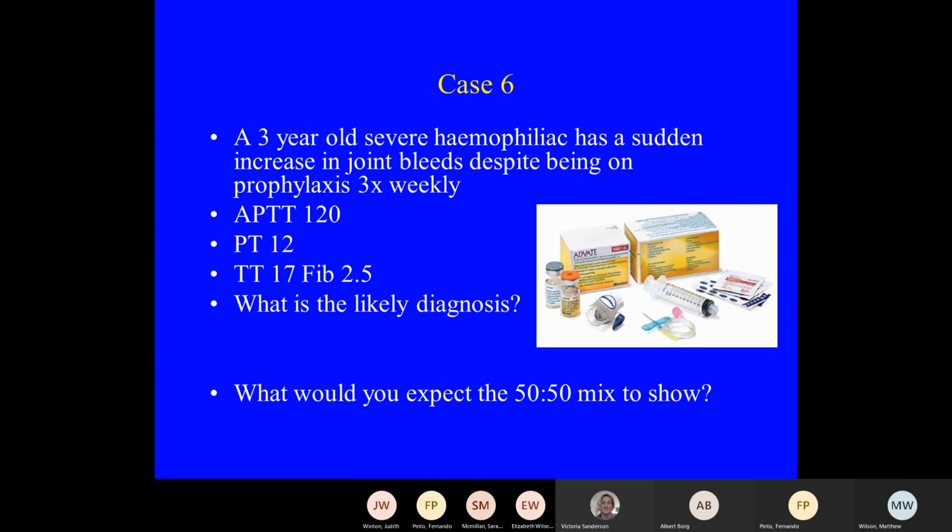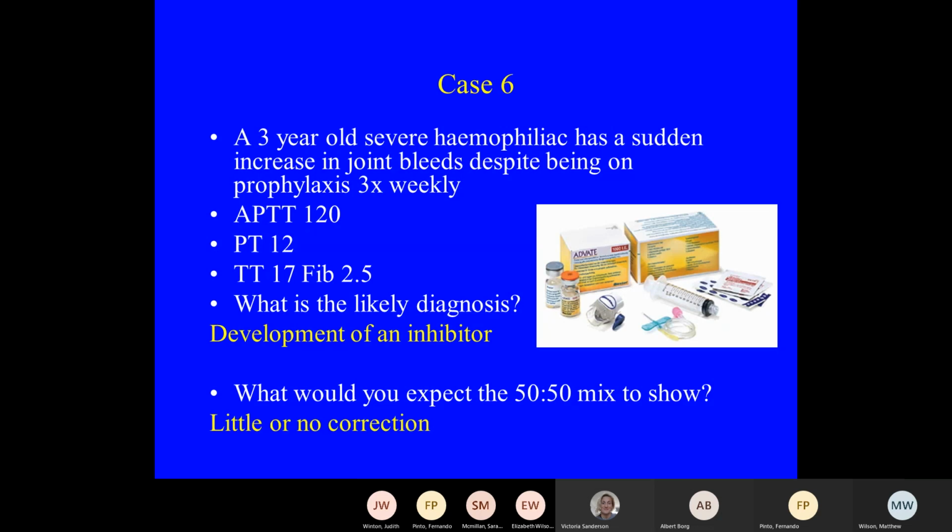The PT is normal at 12, and the rest is fine. So what's the likely diagnosis? Some hemophiliac who has been treated with factor and all of a sudden starts to bleed. Anybody? So he's developing inhibitor. Exactly, yes. So that's probably the most likely explanation.